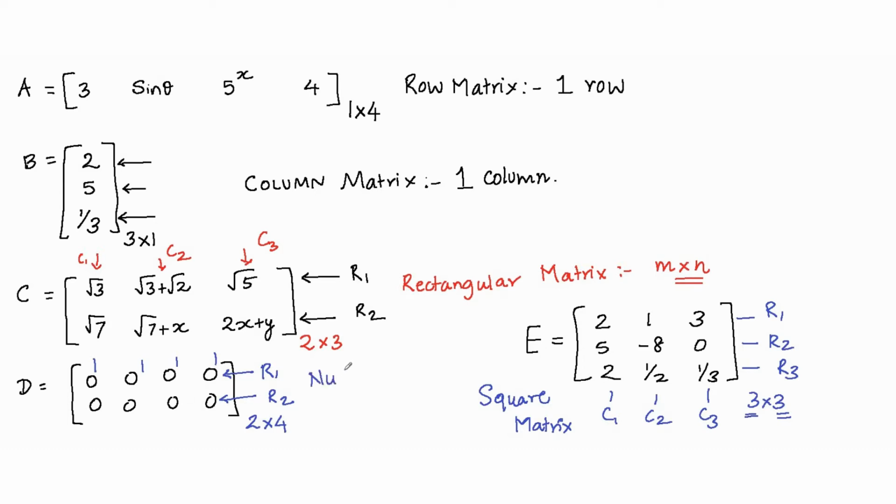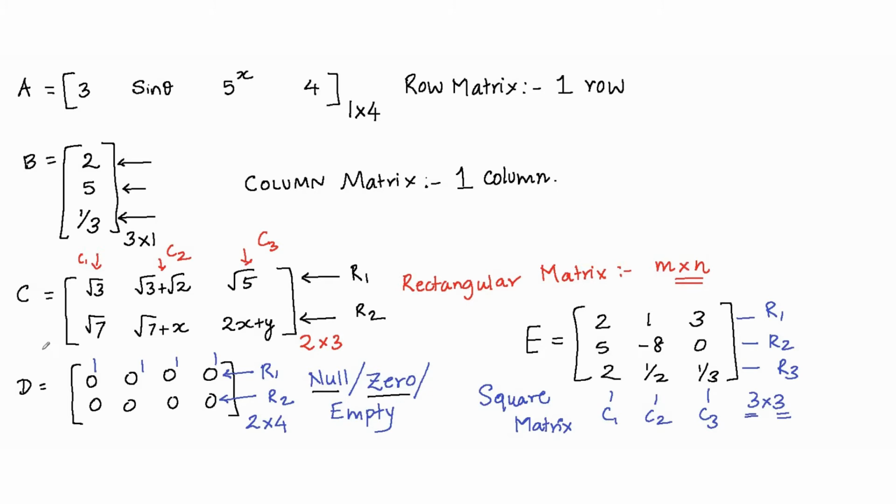Such a matrix is called a null matrix or a 0 matrix, or it is also called an empty matrix. The most commonly used words are null matrix and 0 matrix. In such matrices, all the elements are 0.